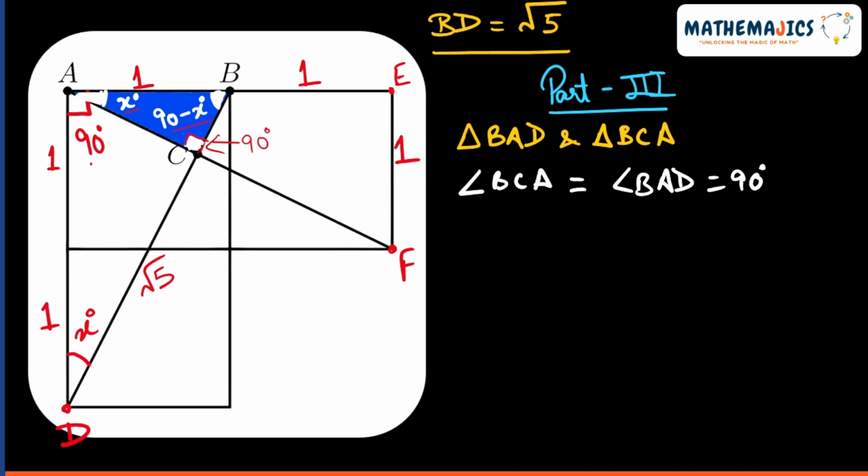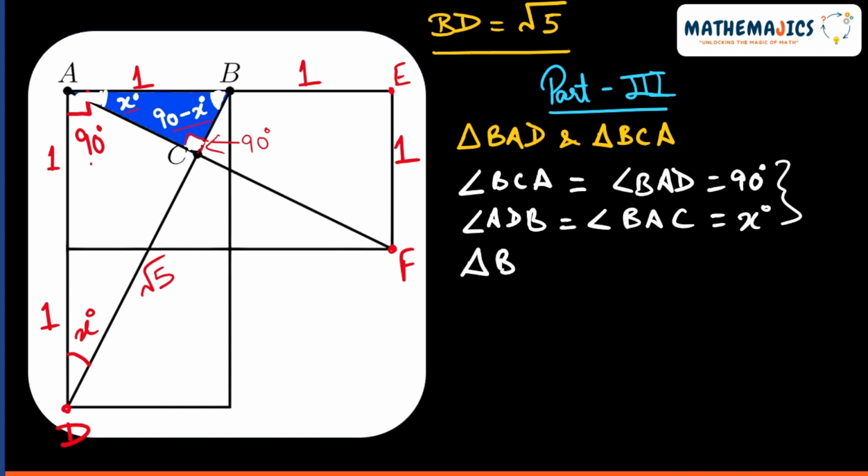Similarly, we have two more angles which are equal to each other: angle ADB is equal to angle BAC, both x degrees each. Using these two conditions I can say that triangle BAD is similar to triangle BCA.